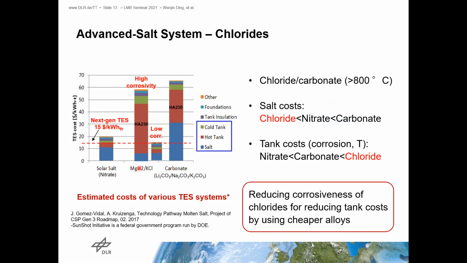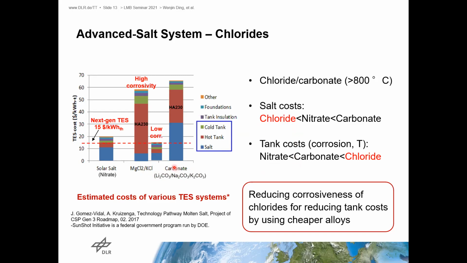We need more thermally stable salt like the chloride or the carbonate. But compared to the chloride, the carbonate has to use lithium carbonate to have a low melting temperature, but it will lead to very high material costs. So now we focus on the chloride system.